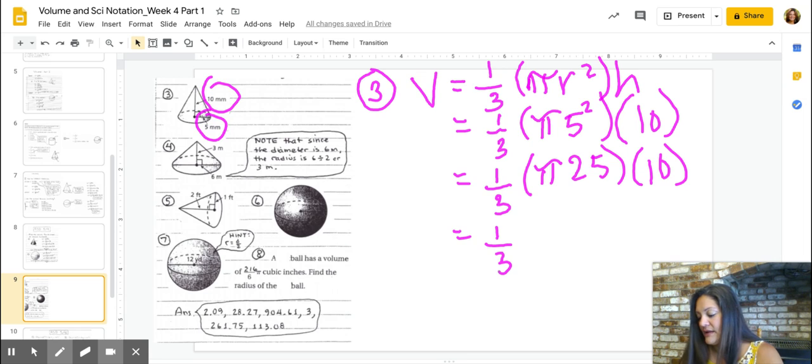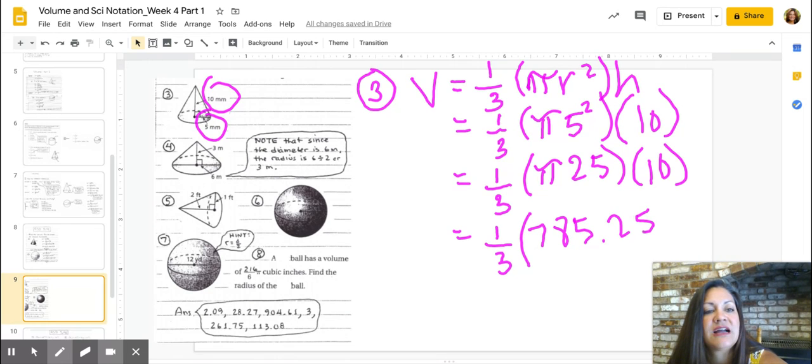Let me get my calculator. 3.141 times 25 times 10 equals 785.25.